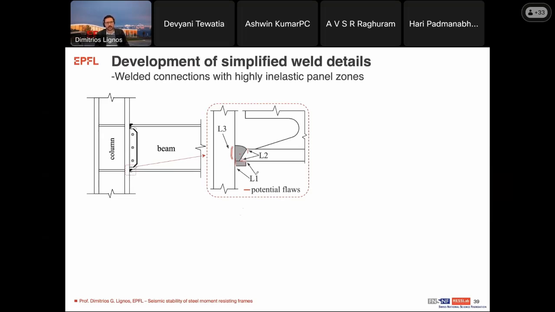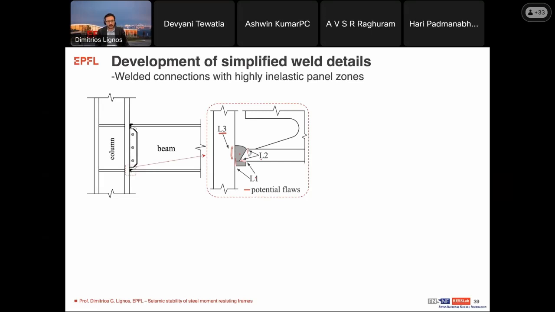That would be what I call location L1 and L2. Or you may anticipate problems with laminar tearing in location L3 because of the through thickness properties of the column flange. But this L3 should not be the case if you use materials with proper notch toughness in the through thickness direction, which is something that we can do today.